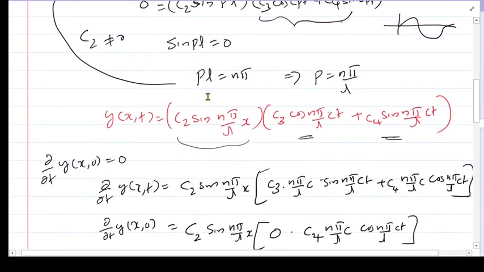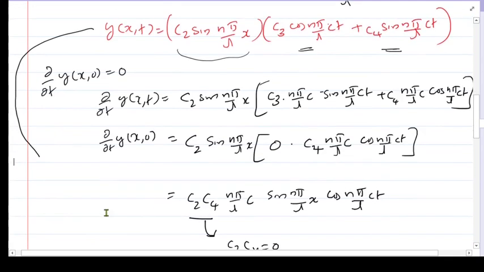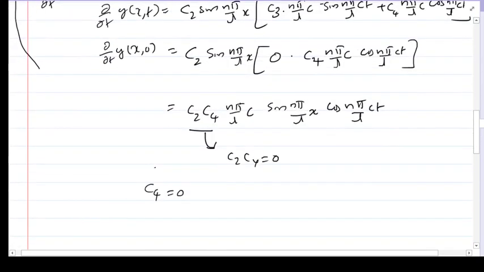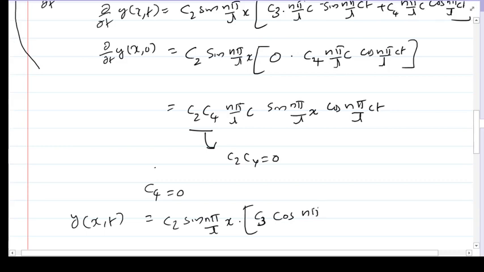I mark this as red. So we go back to the solution and replace that. So y of x,t becomes C2 sin(n pi by L x) into C3 cos(n pi c t by L).